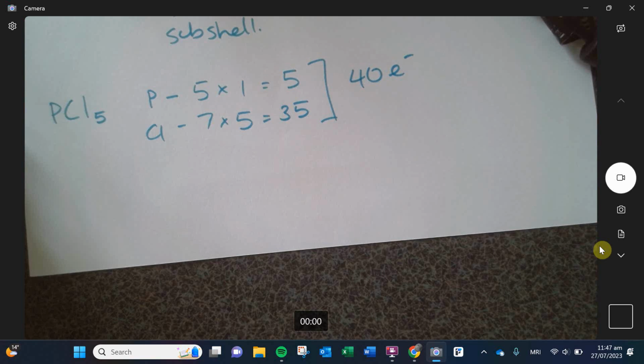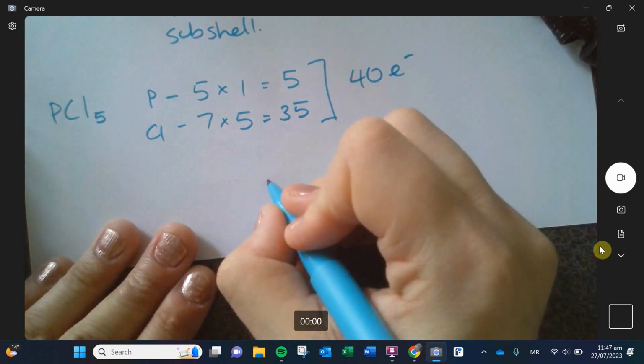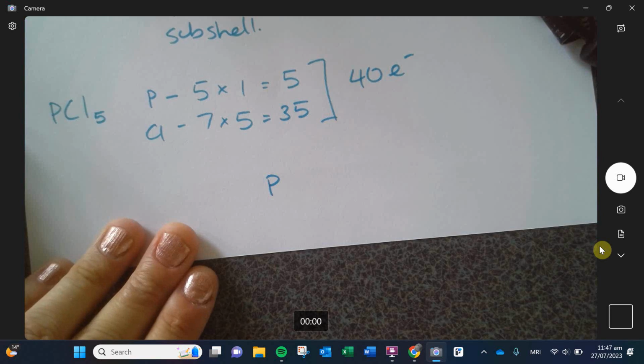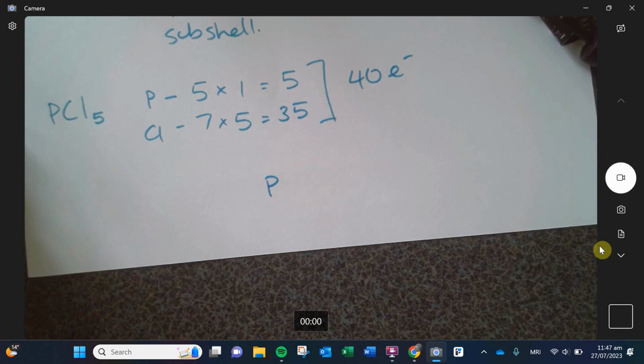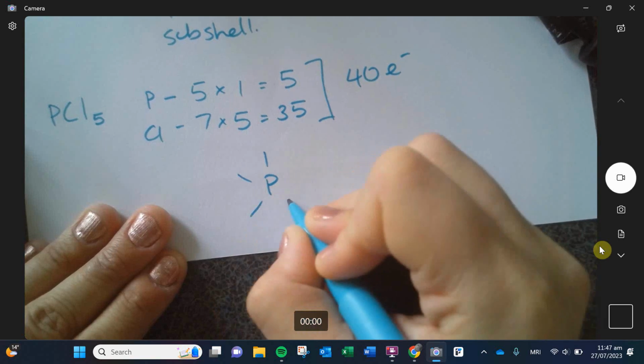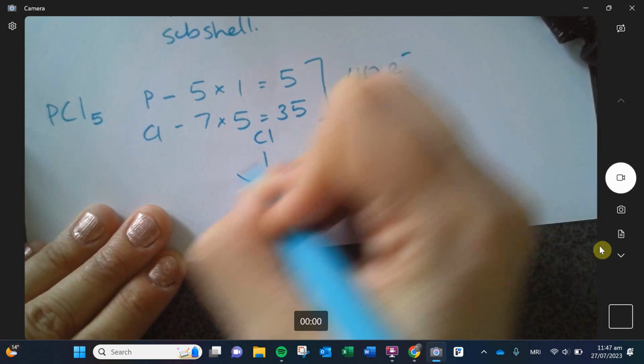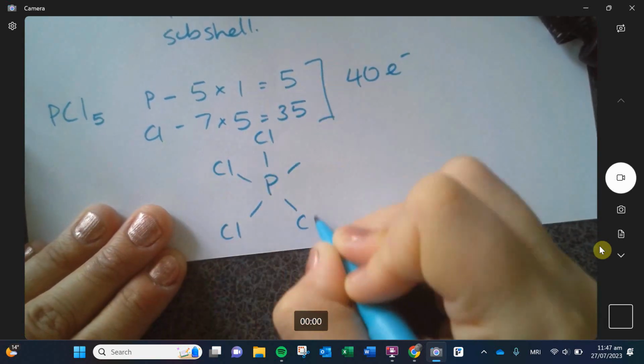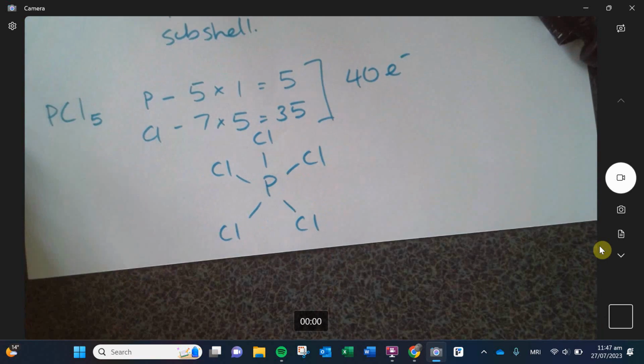All right, which guy do you think is going to be in the middle? Phosphorus. All right, and then I need to assume everybody has 1 bond. So 1, 2, 3, 4, 5. Whoa. Haven't seen that before. I'm allowed to do that though, because what did we say?